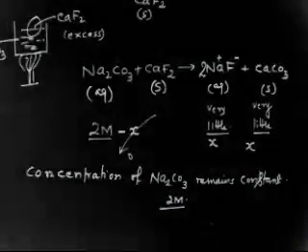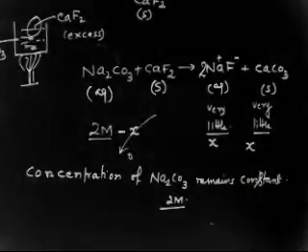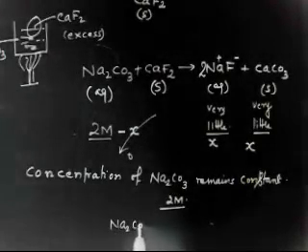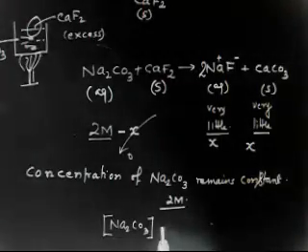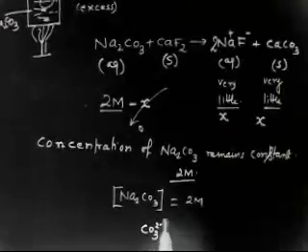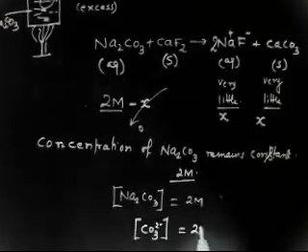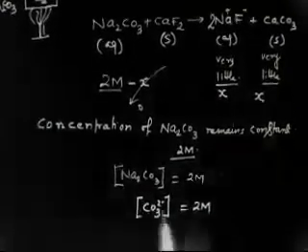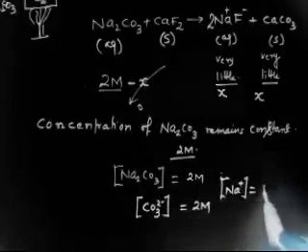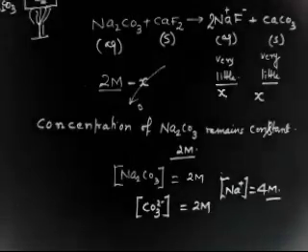So the concentration of Na2CO3 is almost 2m, and now things are very easy. If Na2CO3 is 2m, the concentration of CO3 2 minus will also be 2m. Are you getting or not? Na plus will be 4m. I am not interested in Na plus.